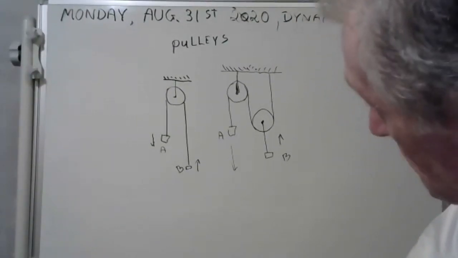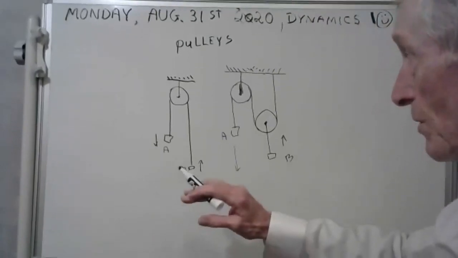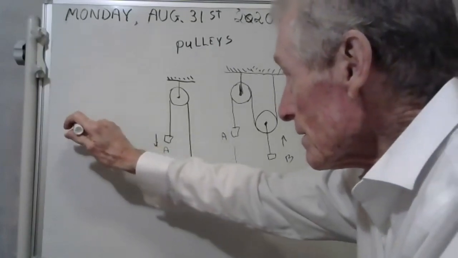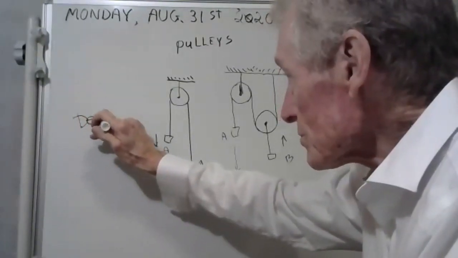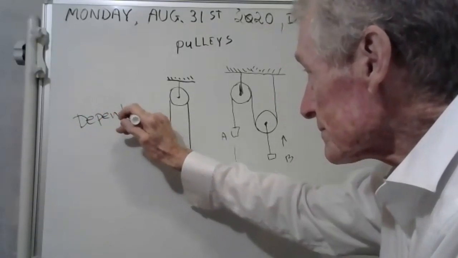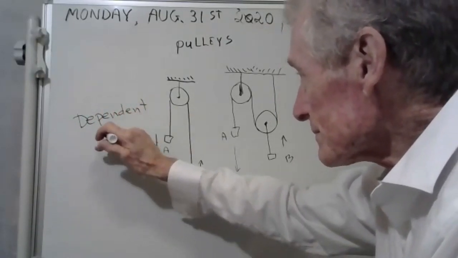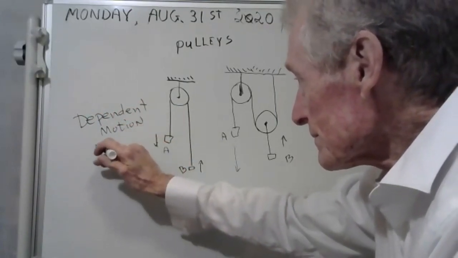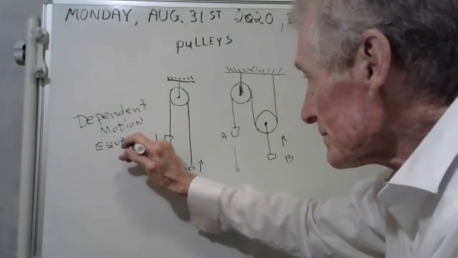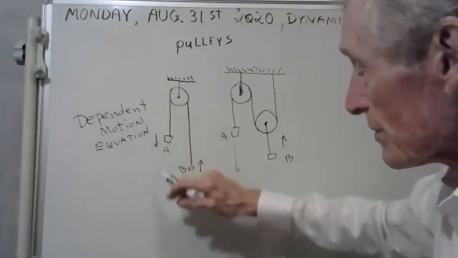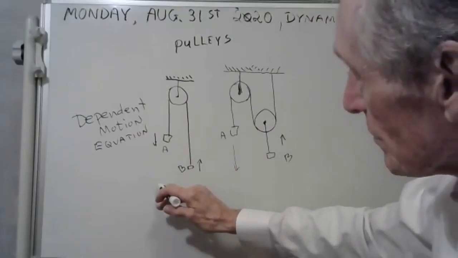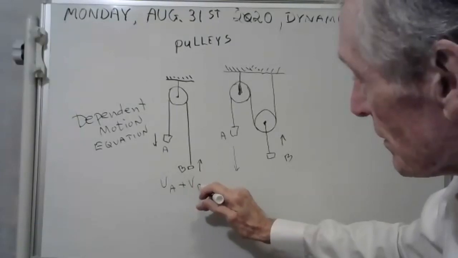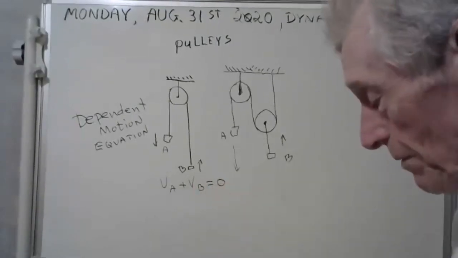They have an equation for these called the dependent motion equation. Let me write that. We've got 3 minutes left. Now for this one, it turns out that the velocity of A plus the velocity of B equals 0.